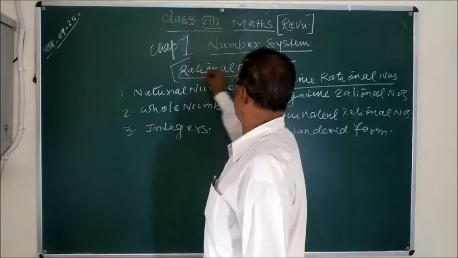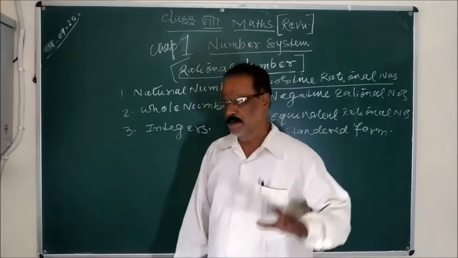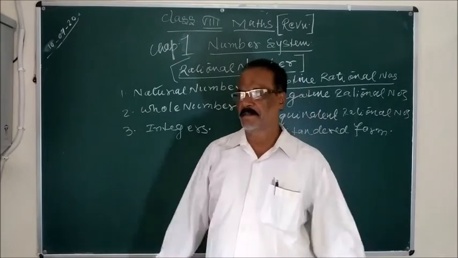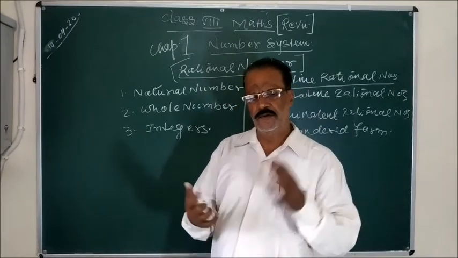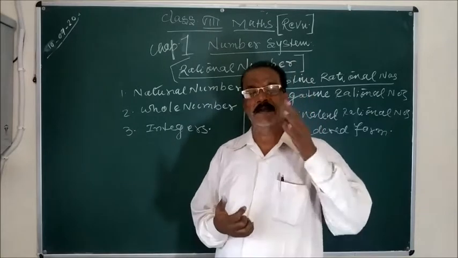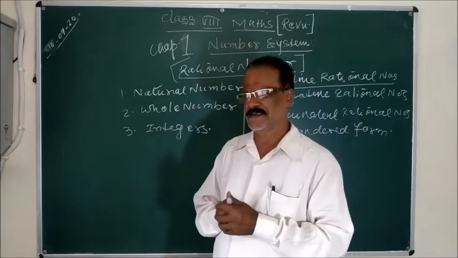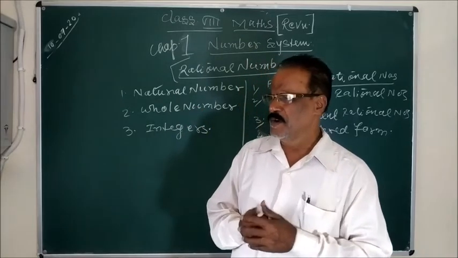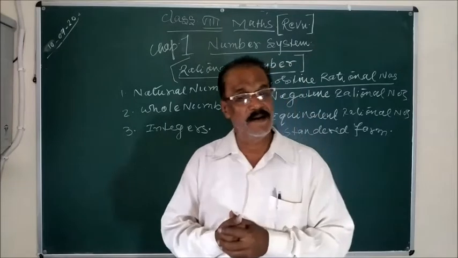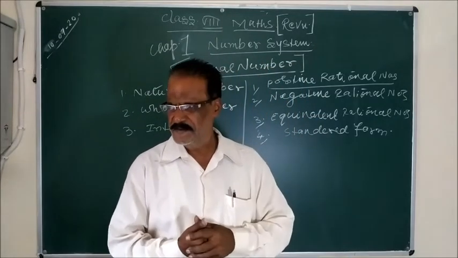Although this topic is rational numbers, to understand rational numbers, you should know what are natural numbers, what are integers, what are whole numbers. So, different types of numbers you will see in mathematics.